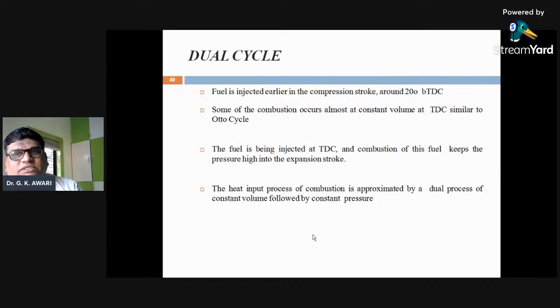Some of the combustion occurs almost at constant volume at TDC, similar to the Otto cycle. The fuel is injected at TDC, and the combustion of this fuel keeps the pressure high into the expansion stroke.